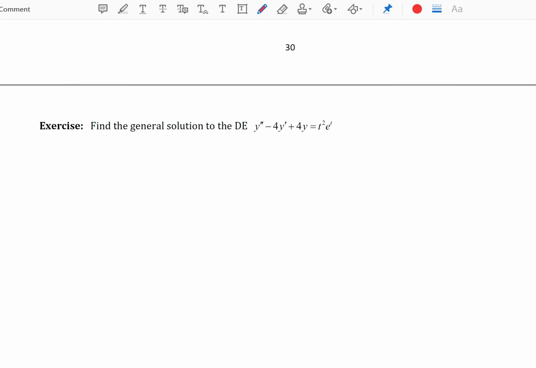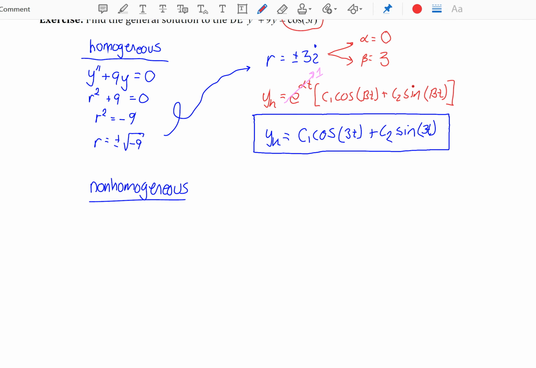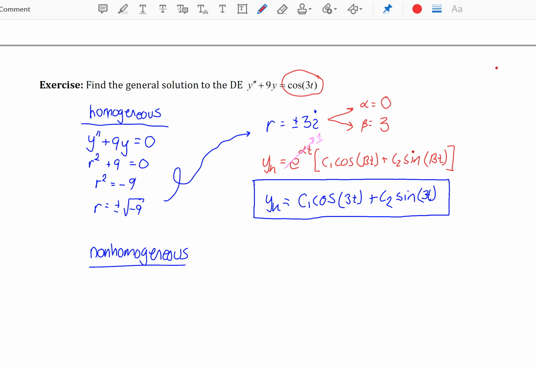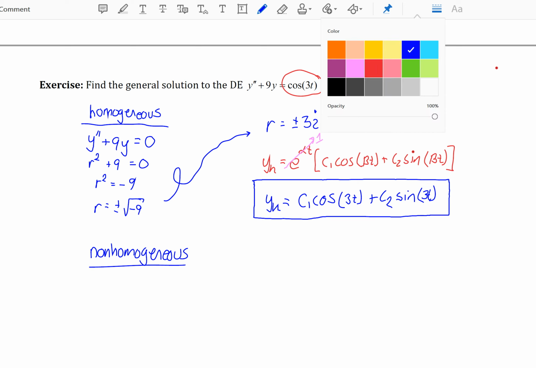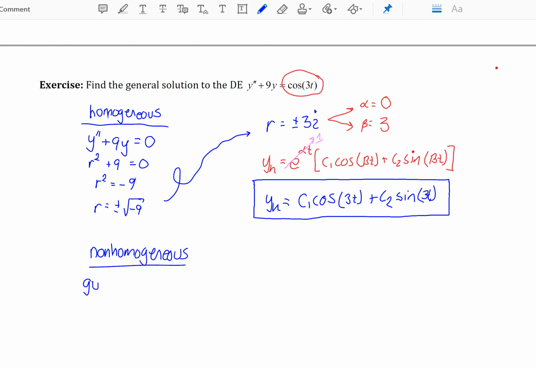So for our non-homogeneous solution, we are going to guess that yp has to look like a cosine 3t plus b sine of 3t. It has to have both terms in here.